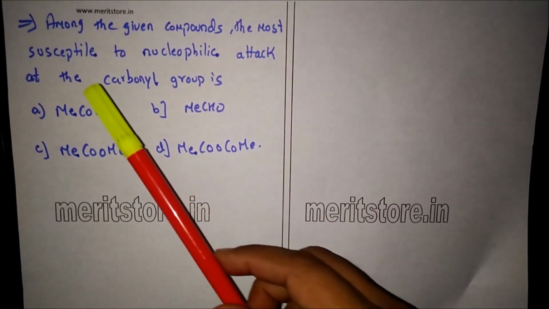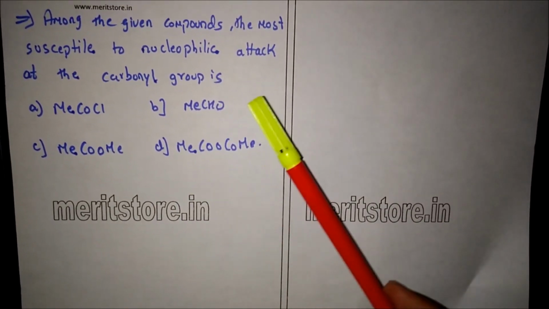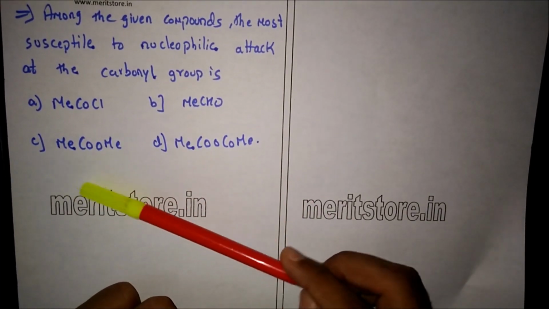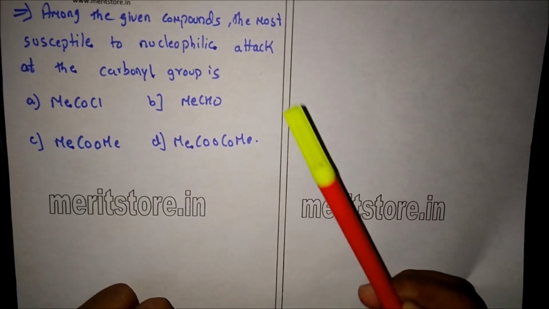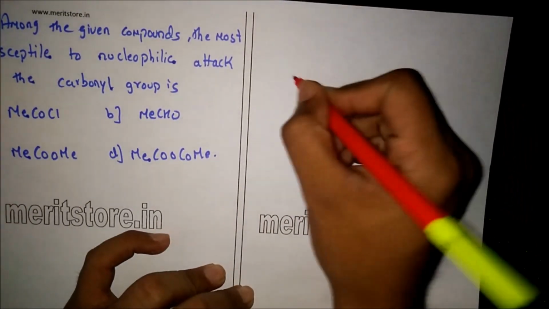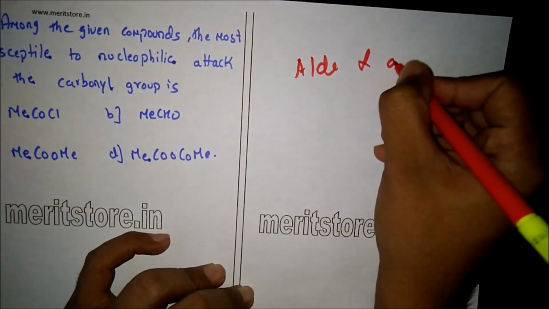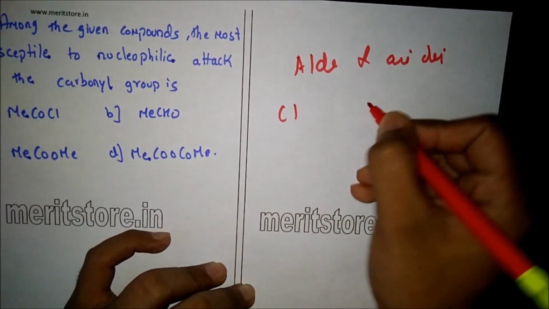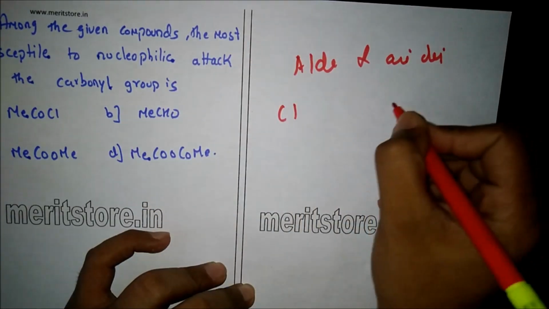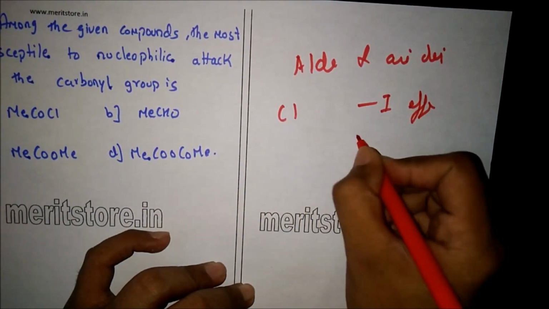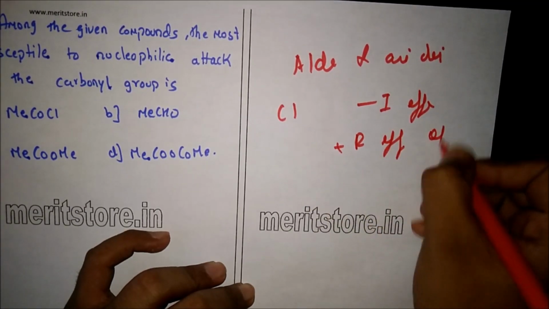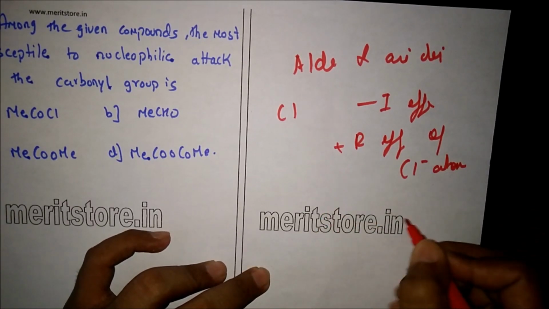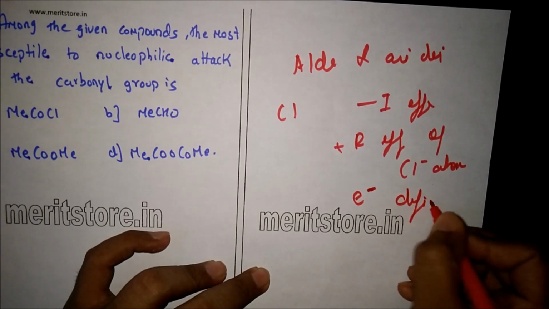Among the given compounds, the most susceptible to nucleophilic attack at the carbonyl group is either A, MeCOCl, B, MeCHO, C, MeCOOMe, or D, MeCOOCOMe. Now, amongst aldehydes and acid derivatives, acid chloride is the most susceptible to nucleophilic attack due to the strong -I effect and the weak +R effect of the chlorine atom, as a result of which the carbonyl carbon has the highest electron deficiency.